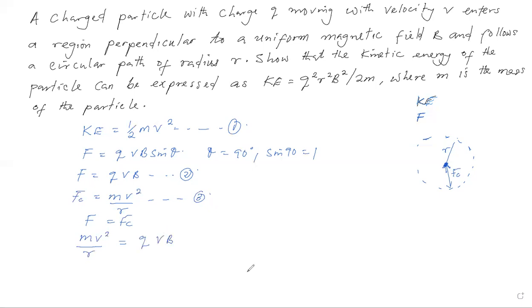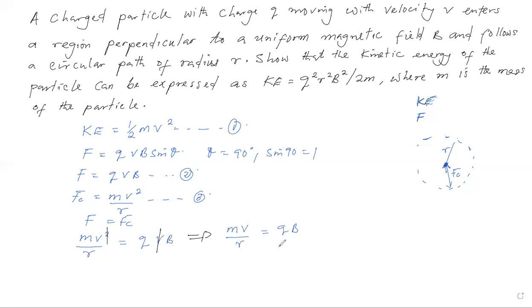So we're going to have one v and v cancel like that. And then we have mv over r equal to QB, like that.